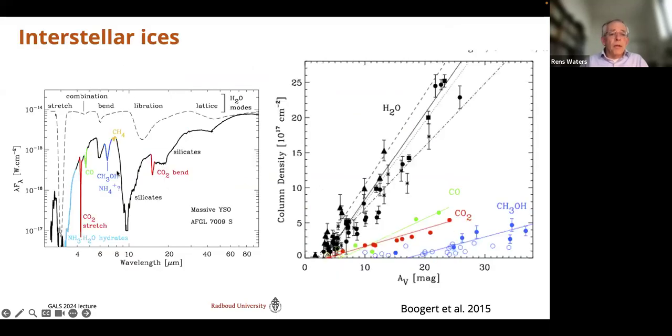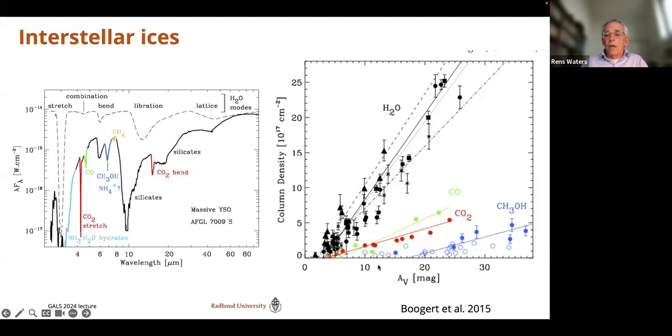And so here again, same example of a strongly absorbed background object, a massive YSO in this case, that has a lot of molecular cloud ices in front of it, with the different ices depicted in this diagram. And here's a diagram where you see how the different ice abundance increases with increasing optical depth of the cloud.